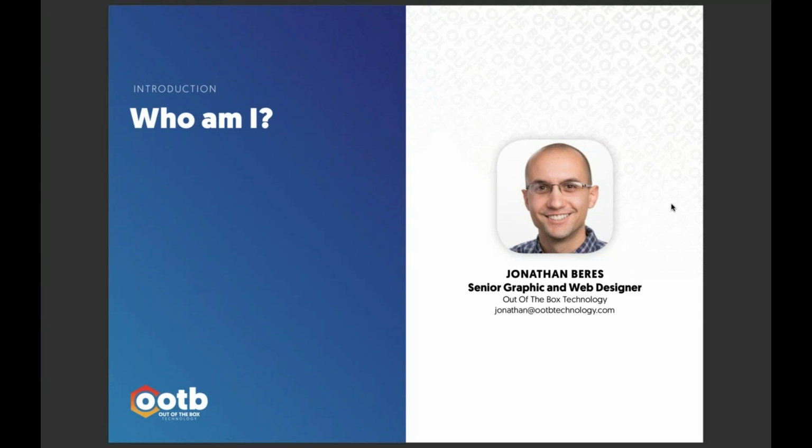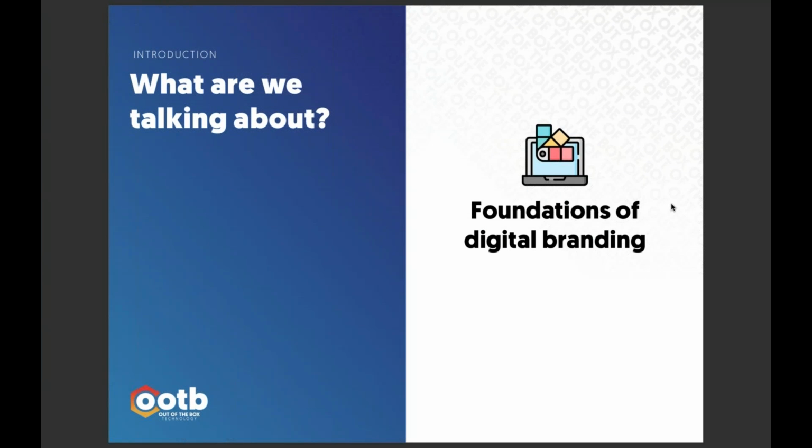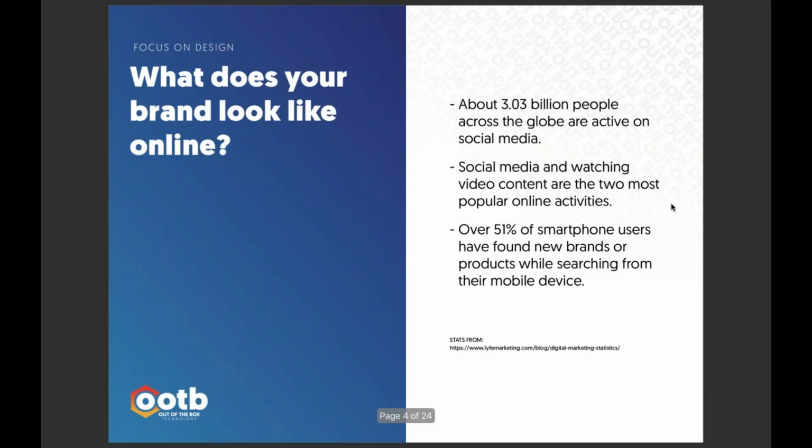So what I'm here to talk about today really comes down to foundations of digital branding. That's what I wanted to focus on today, because I think there's a lot of stuff we can talk about there, and I think that is a really good thing to concentrate on when you're looking at your business and things you can do to improve on it. So when we're talking about digital branding, what we really want to do is look at what your brand looks like online.